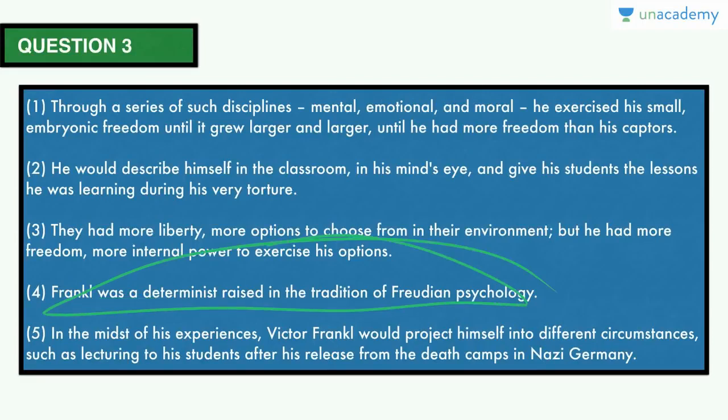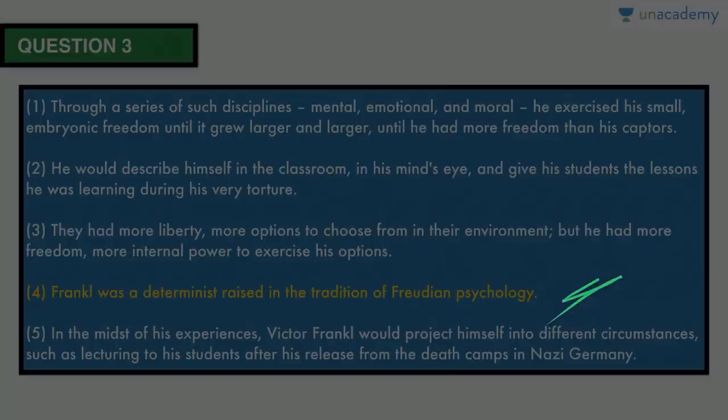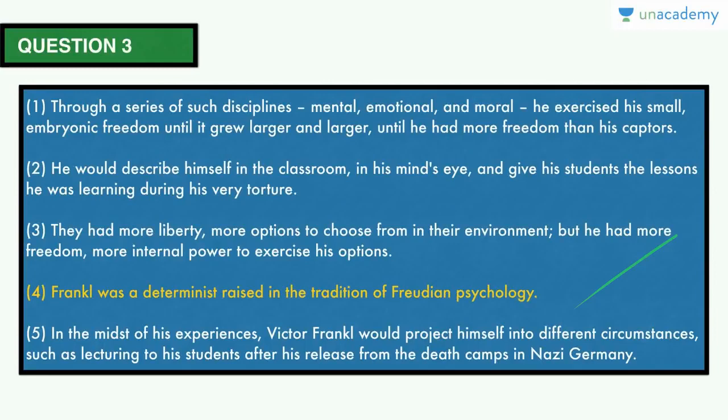You don't want to talk about how he was raised, but about what Frankl does, how he uses his experiences in his classroom after his release from the death camps. You don't want to talk about how he was raised in a tradition of Freudian psychology. So this is clearly the excluded sentence. Yeah, correct answer.